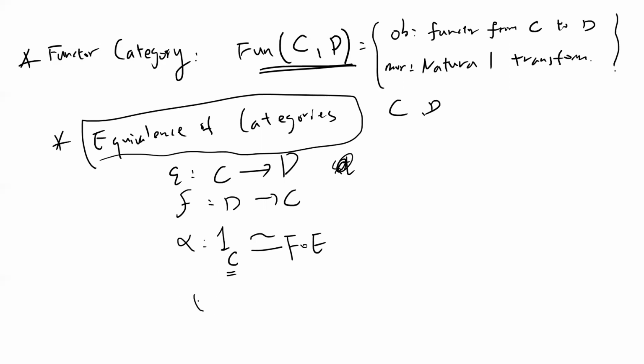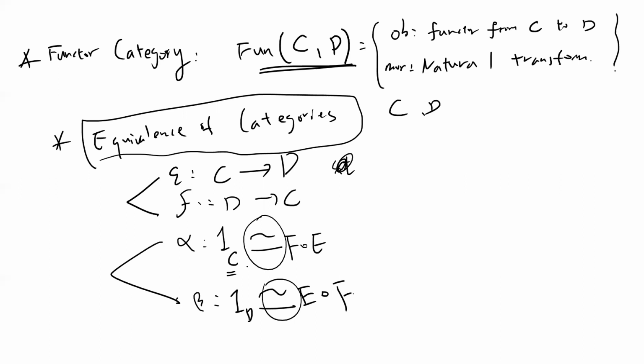And you have a beta from the identity of D to F composed with E. So these are natural transformations. Basically you need to construct two functors and also two natural isomorphisms. Not very difficult.